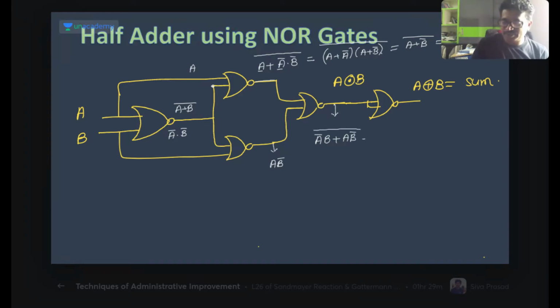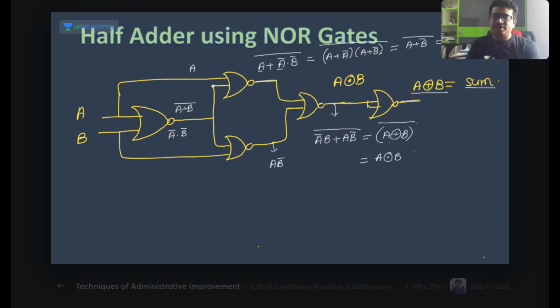This means A XOR B whole bar, that is XNOR. That's why it becomes A XNOR B. So if you take one more NOR gate, it becomes XOR again. It will become XOR, isn't it?